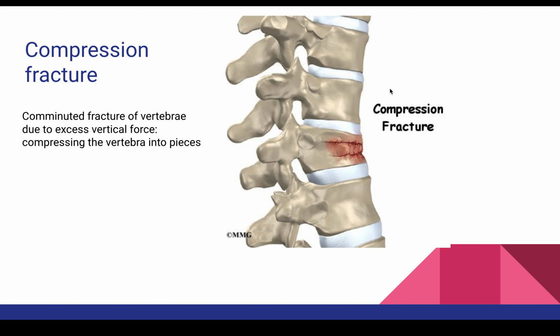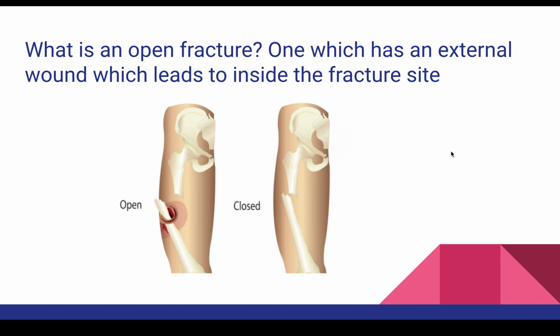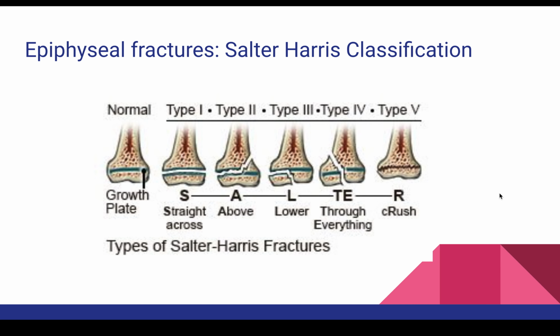Compression fracture is when there's a sudden, excessive vertical force coming through the vertebrae, and the vertebrae breaks into a little piece. What is an open fracture? It's one where you can see the bone protruding and you can see a wound which has an outside and inside. A closed fracture is when you don't see anything protruding to the outside.